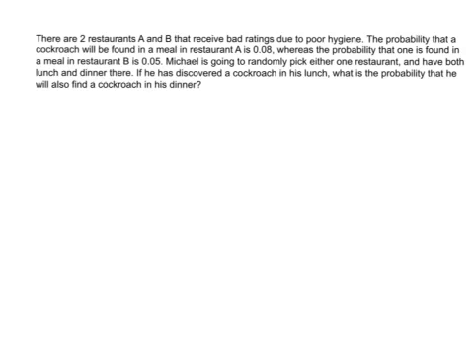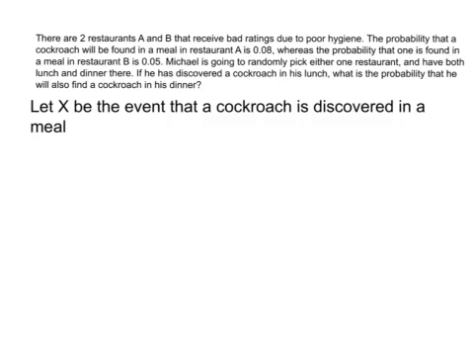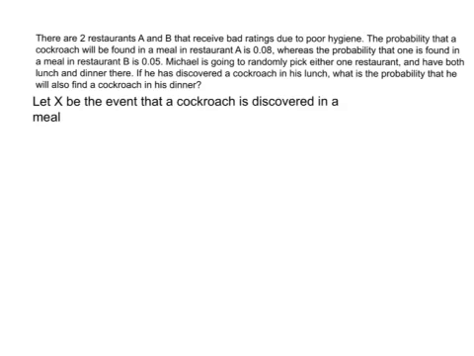So if we first let X be the event that a cockroach is discovered in a meal, notice that we're not talking about restaurant. We simply say that X is the event that a cockroach is discovered in a meal. So what exactly are we trying to find here?